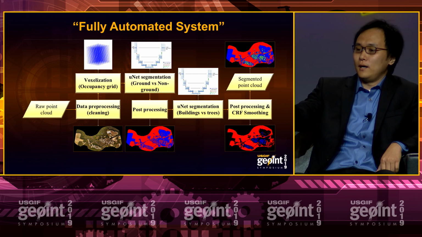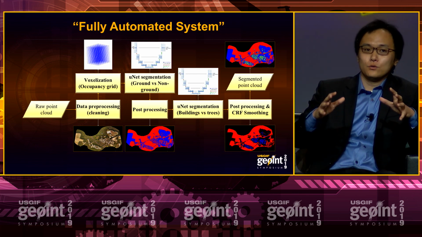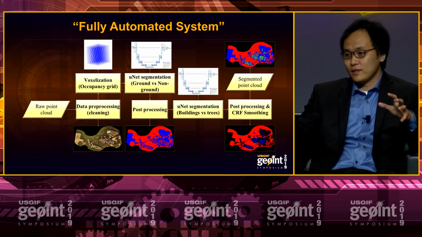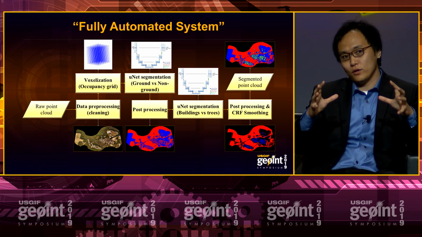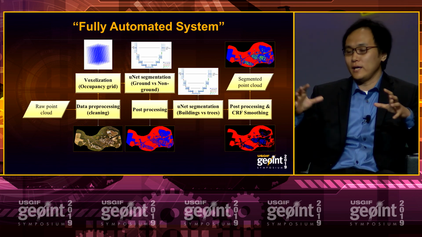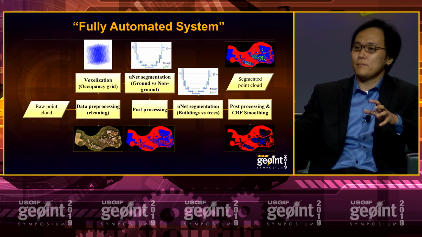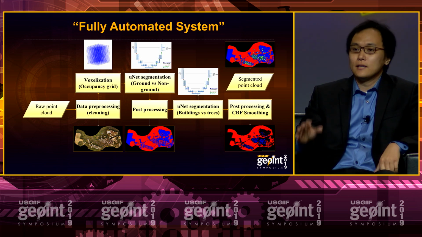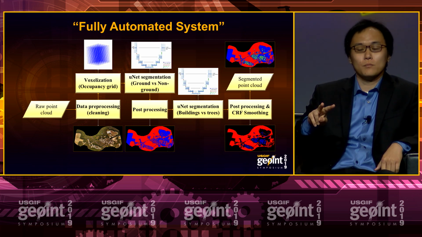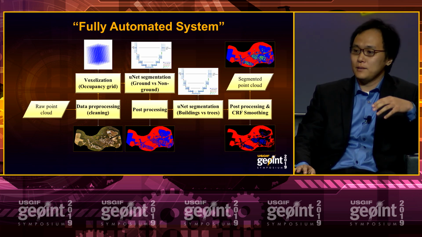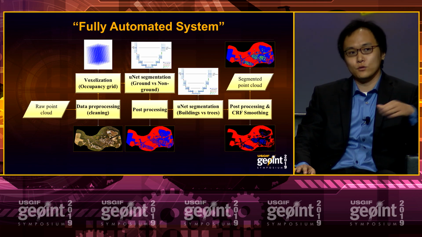For example, we train a model to segment the ground versus everything else. Then for those points in the everything else category, we train another model to segment man-made structures from vegetation. The benefit of having 2 different models is that we can easily plug in a post-processing step in between models.